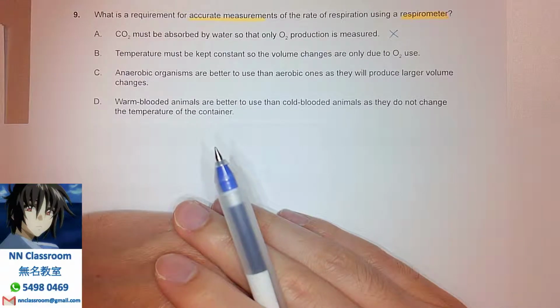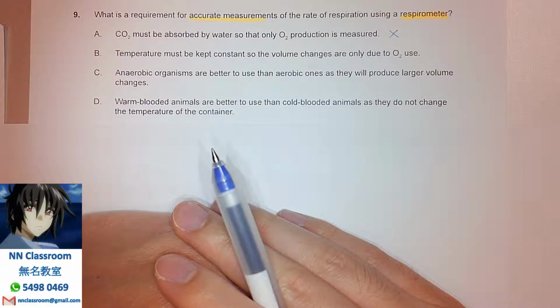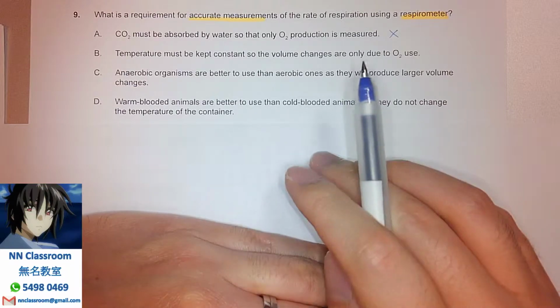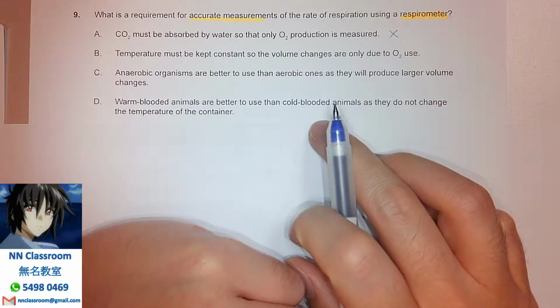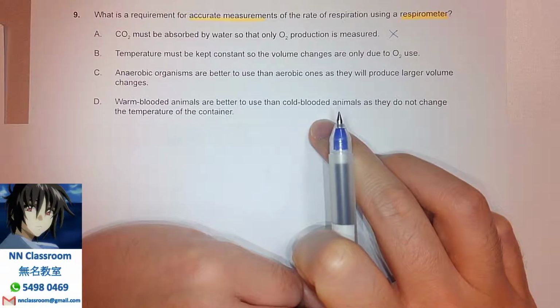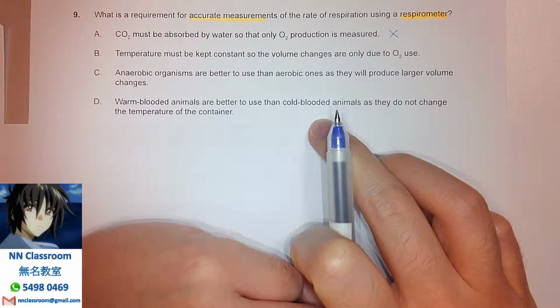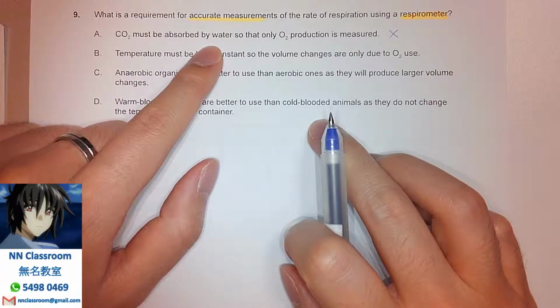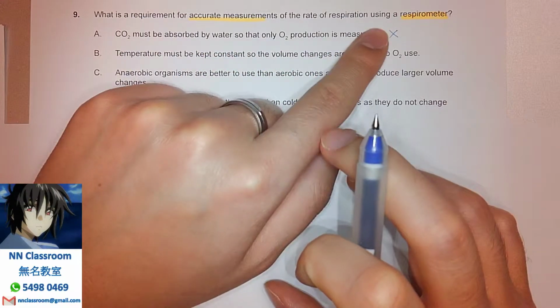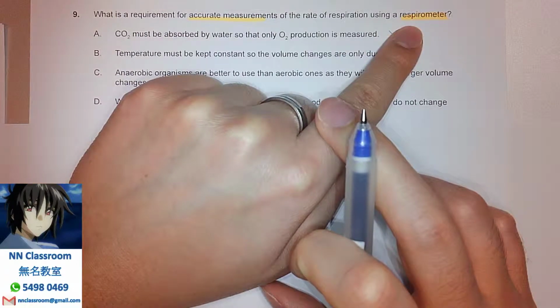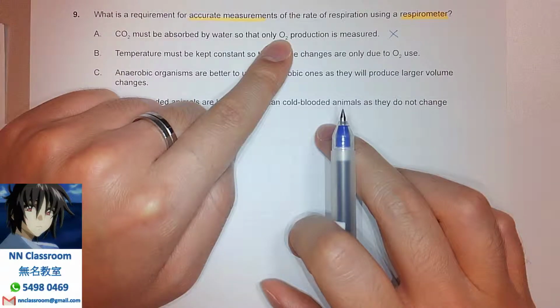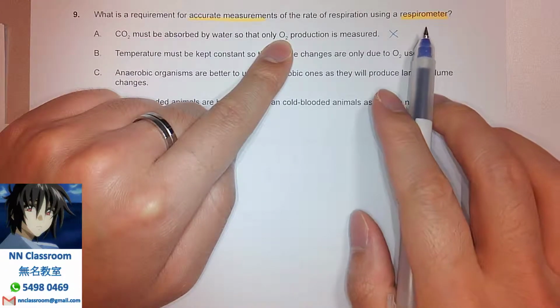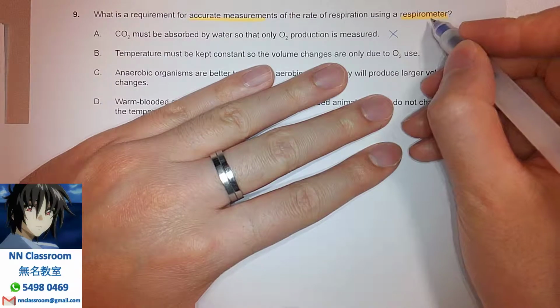So no matter whether we breathe in or breathe out, the gas is really important. We never allow any gas to be absorbed by any solution, so as to avoid reducing the accuracy. So in this case, CO2 must be absorbed by water is a totally wrong statement, because the aim of the respirometer is not to take the reading of how much O2 is consumed, but instead to look for different types of lung volume.